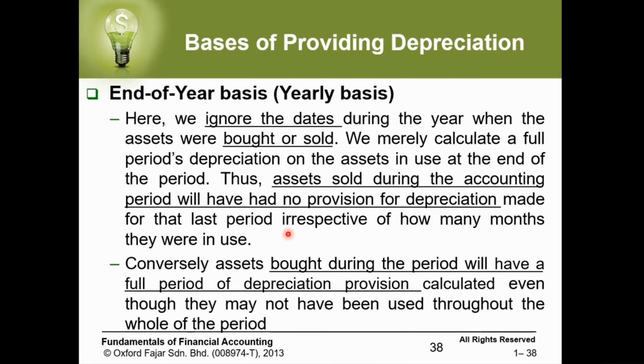Conversely, assets bought during the period will have a full period of depreciation provision calculated, even though they may not have been used throughout the whole period. So this is what we call the yearly basis depreciation, which relies totally on what assets we have at the end of the financial period.